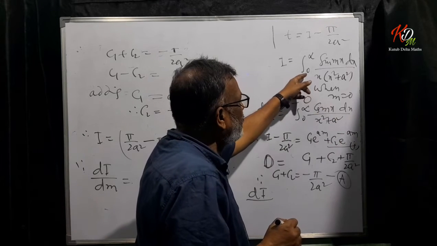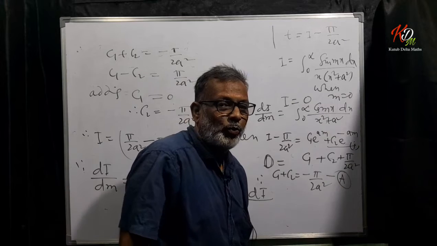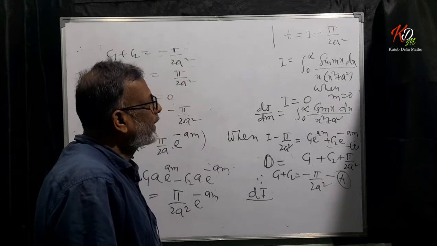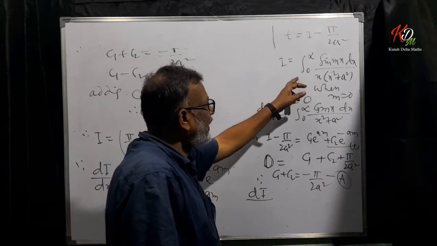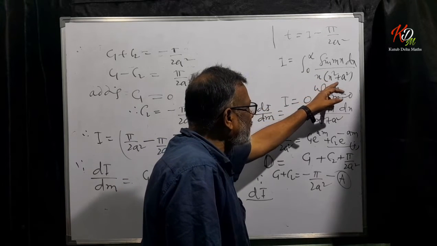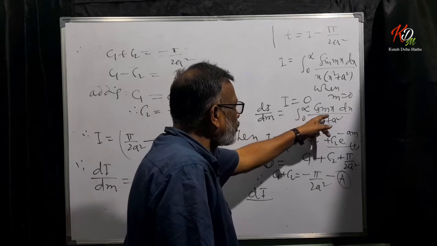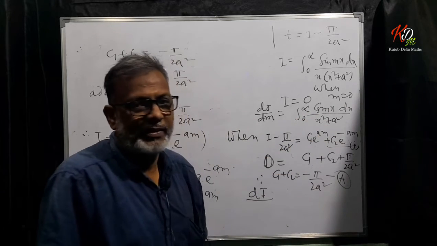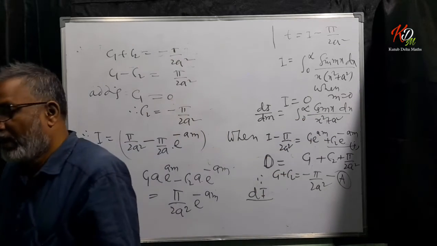Here the limit will be 0 to infinity in both cases. So finally we obtain the integrations of 0 to infinity sin mx by x square plus a square dx, and 0 to infinity cos mx by x square plus a square dx. Now this problem is finished.